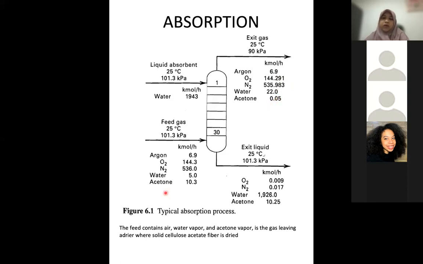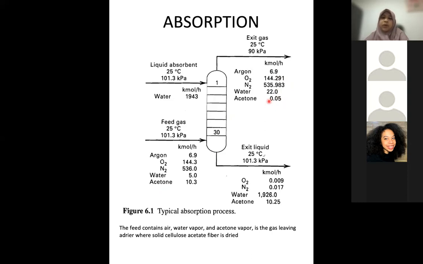If you look at the mass balance here, the acetone from 10.3 kilomole per hour is absorbed, so the output is only 0.05. Okay, so this is the absorption process.